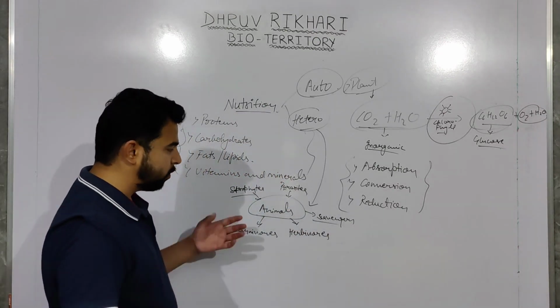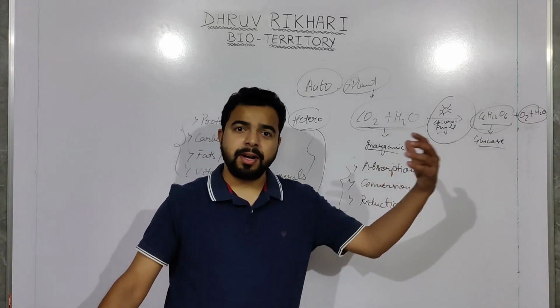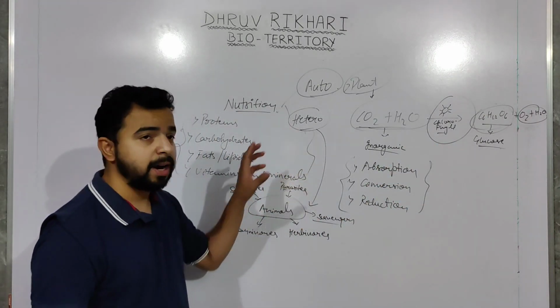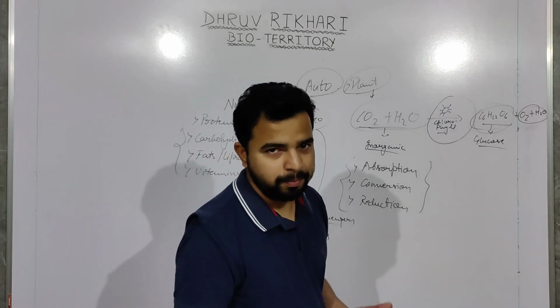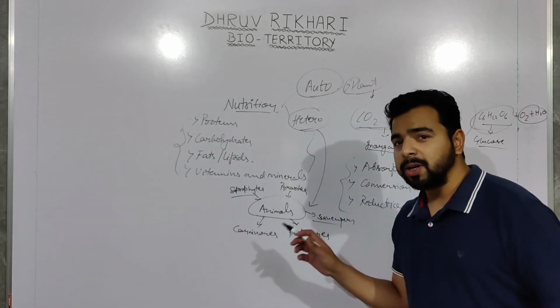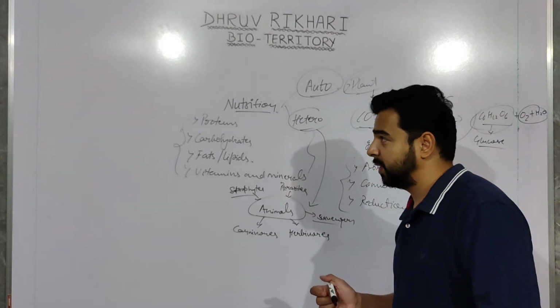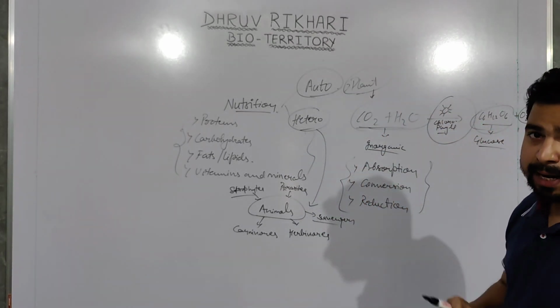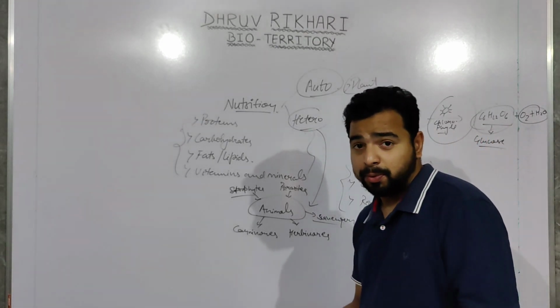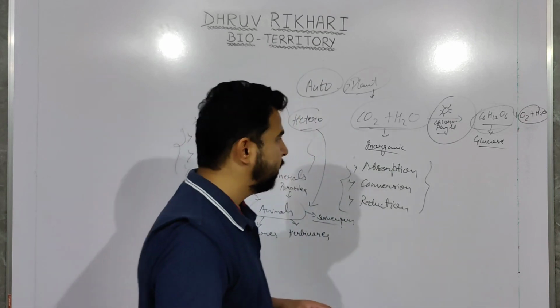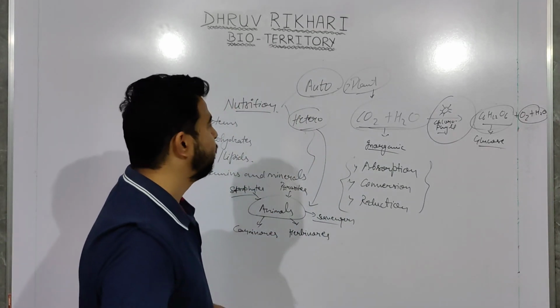So all those organisms which are dependent on other organisms for their food sources are placed under the heterotrophic mode of nutrition, because they are not synthesizing their food, they are dependent on other sources. But in case of plants, we have seen that they are synthesizing their food from the things present in their surroundings, right, in the form of inorganic substances.